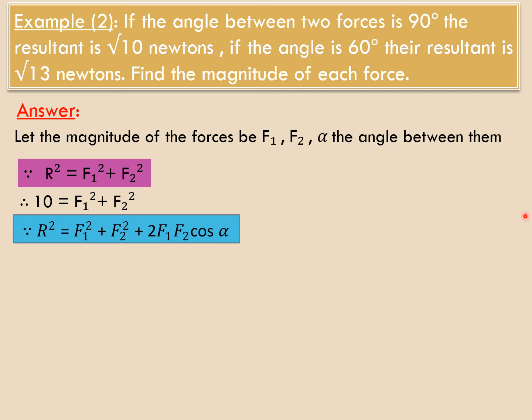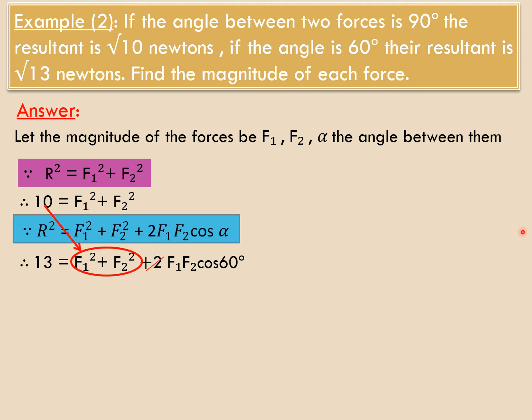In the second case, R will be root 13 and alpha will be 60. By substitution, root 13 power 2, 13, equals F1 power 2 plus F2 power 2 plus 2 F1 F2 cosine 60. So F1 power 2 plus F2 power 2 equals 10.